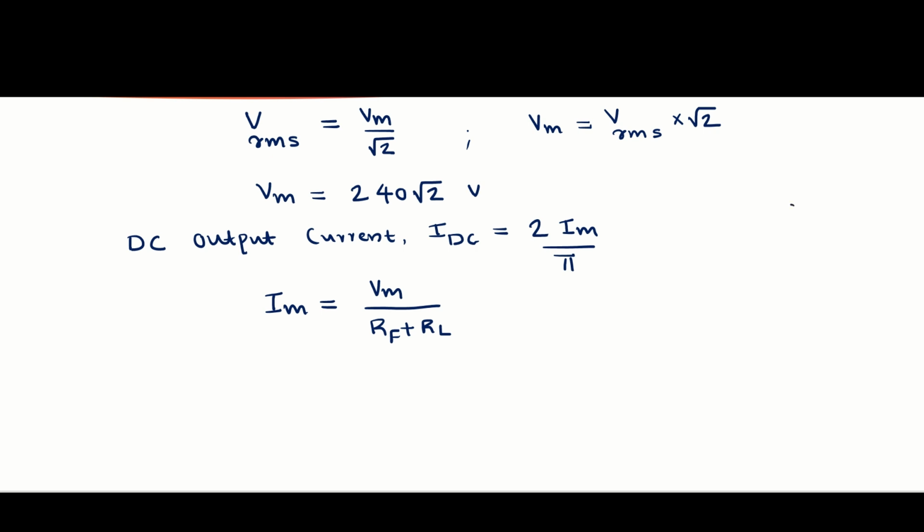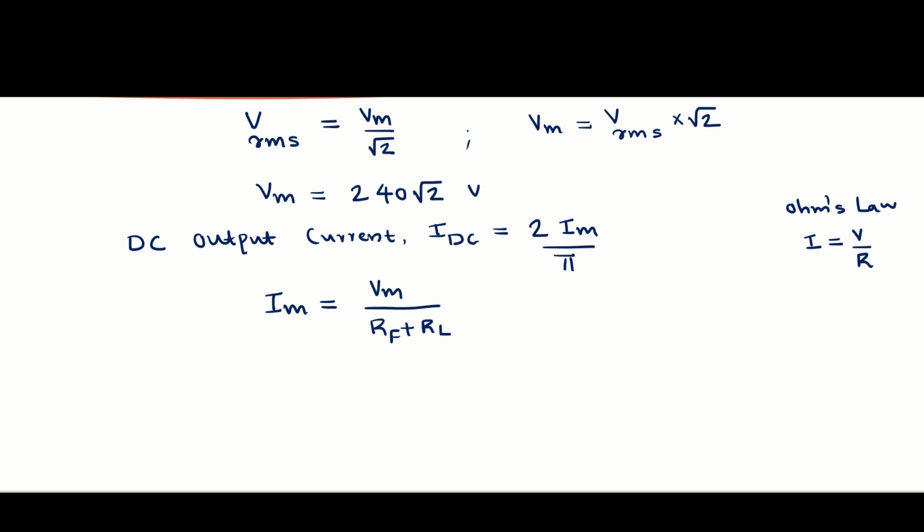All of you know what Ohm's law is. Ohm's law means V is proportional to I, and as a result we can write I is equal to V by R. Actually here also we are applying Ohm's law. We have to find the maximum output current, which is equal to the maximum output voltage divided by the resistance offered by that path.